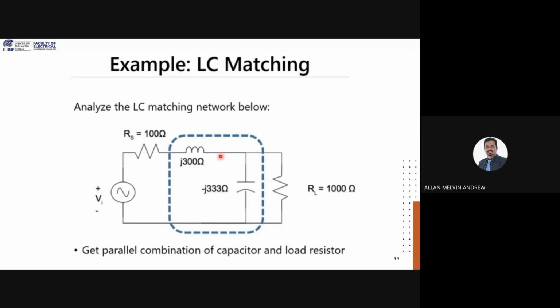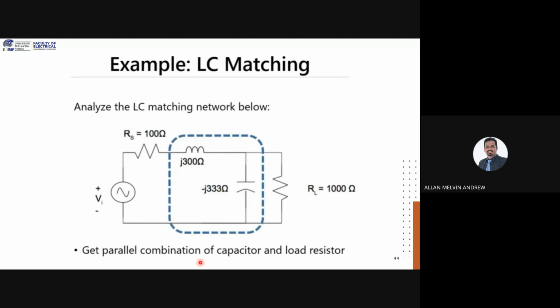You can see why we call it an L network: it is in an L shape. The arrangement between the inductor and the capacitor is arranged in an L way.